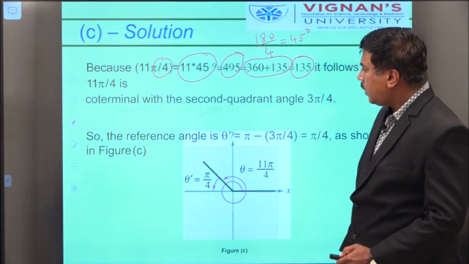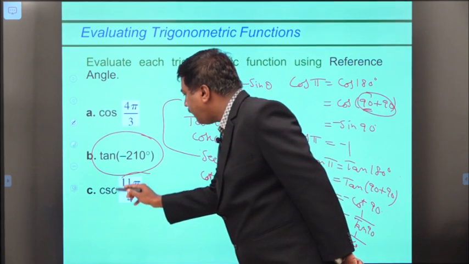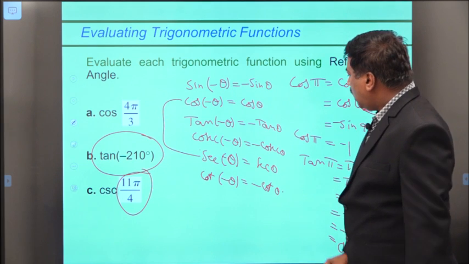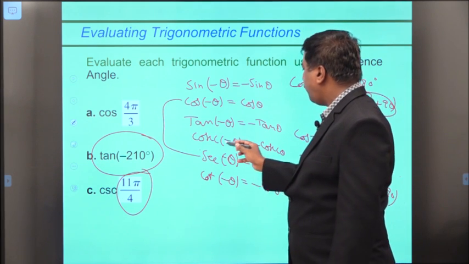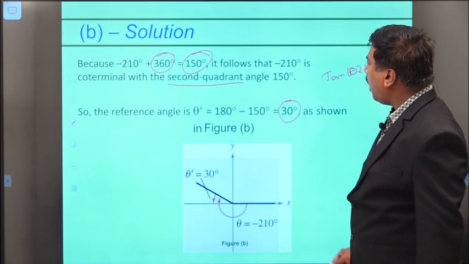Here, what value you have to consider? Cosec 11 pi by 4, this value you have to evaluate. Cosecant is positive here, so we have to take the positive only.